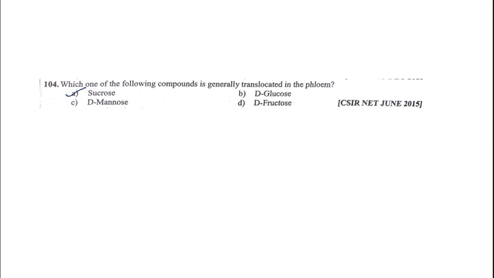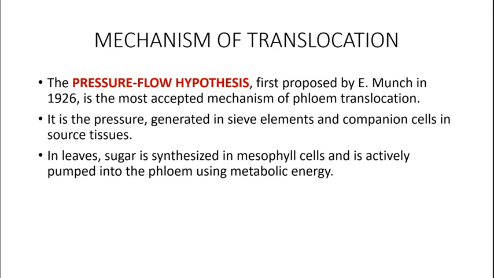The most important topic of this chapter is the pressure flow hypothesis. This was proposed by E. Munch in 1926 and it is the most accepted mechanism of phloem translocation. This hypothesis explains that the pressure generated in sieve elements and companion cells drives the transport of solute from the source to the sink.